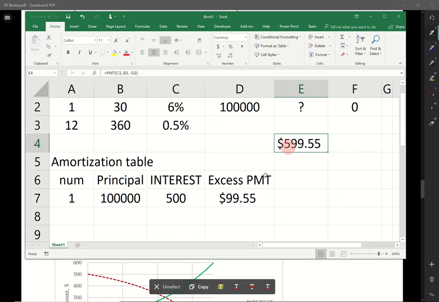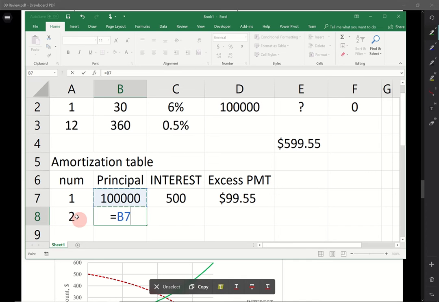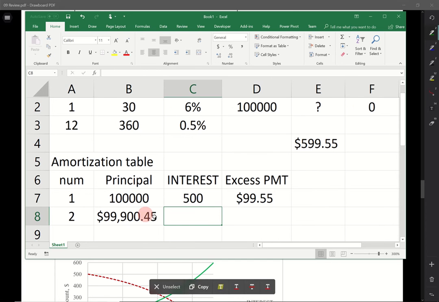Well, you gave it back to us, so you haven't borrowed the full 100,000 anymore, right? So for this second period, right, you actually started owing us this amount, but now we're going to minus this excess amount, okay? And then I'm going to hit tab.